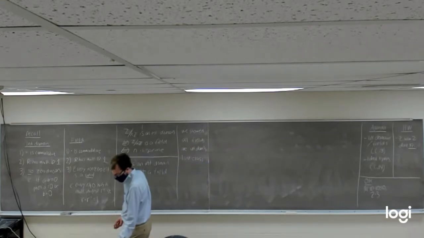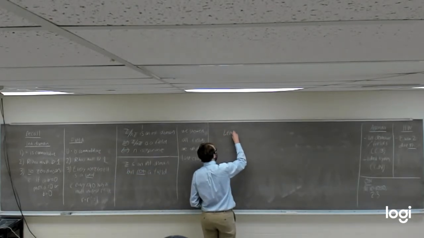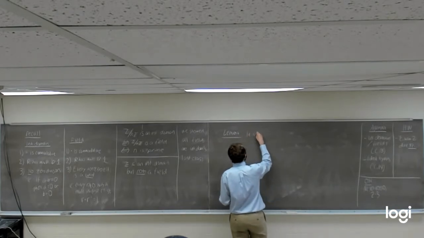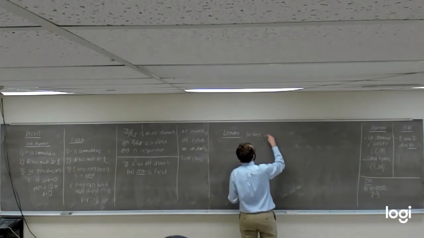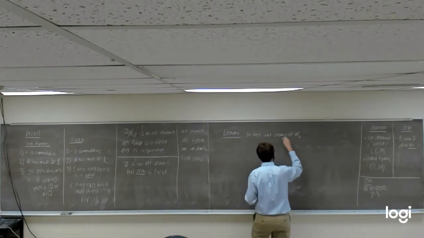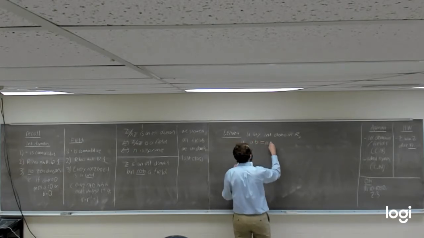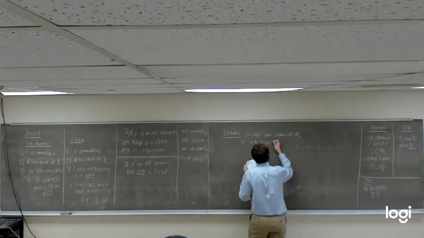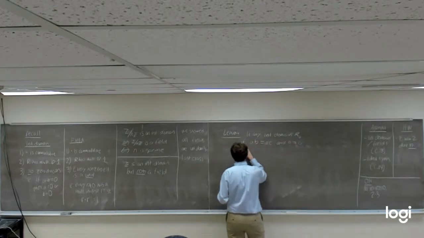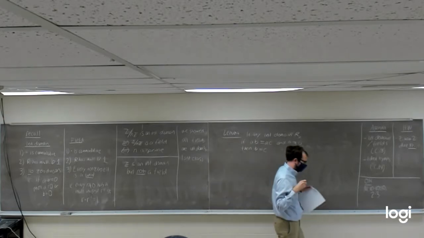Before we prove that, though, I'm going to prove a lemma related to integral domains. And that's going to be this, that in any integral domain R, if a times b is equal to a times c, and a is not equal to 0, then b has to be equal to c.